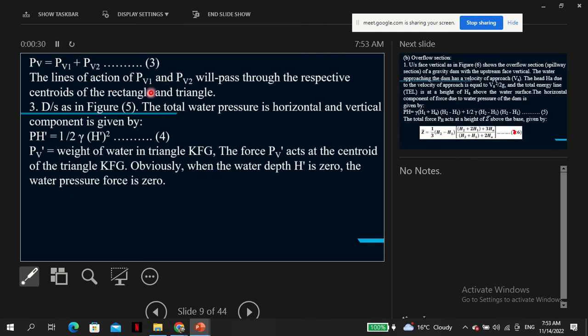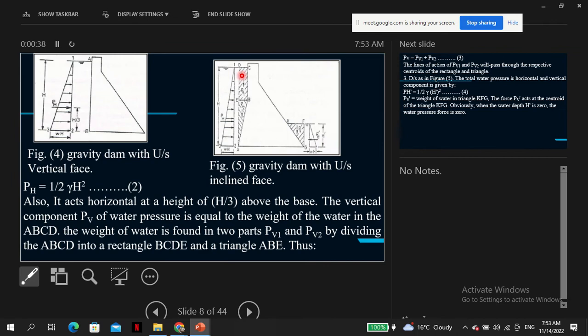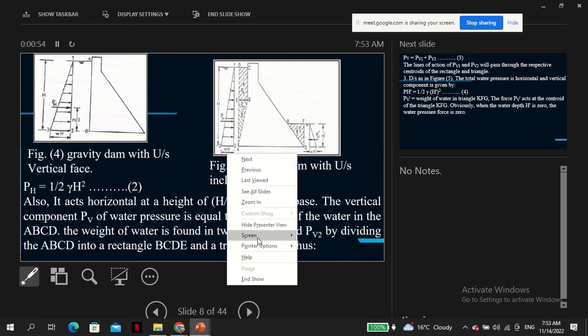The lines of action of PV1 and PV2 will pass through the respective centroids. And if you want to know the overall, I think you already know this, the line of action is at the centroid of all of them. But if you want to know the overall, you find the area, you find some reference here at the bottom.